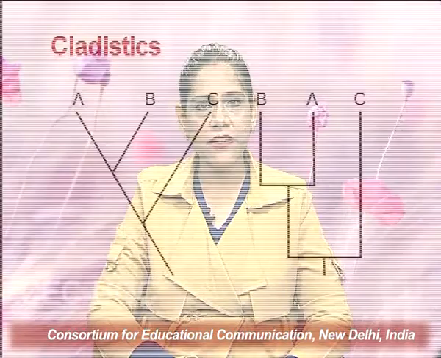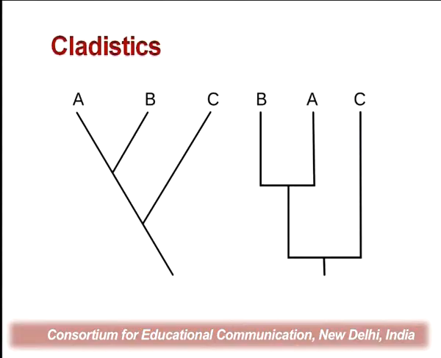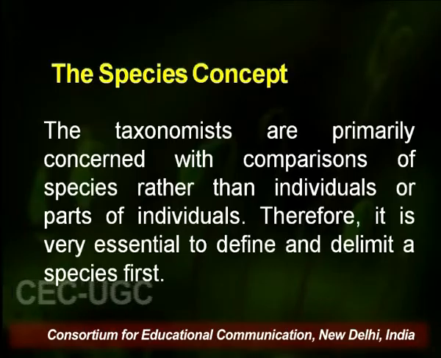Now this diagram shows the phylogenetic tree, also known as a cladogram. As I told, there are branches known as clades, and the deviations of the branches show from which point it diverged from the main clade or the branch.